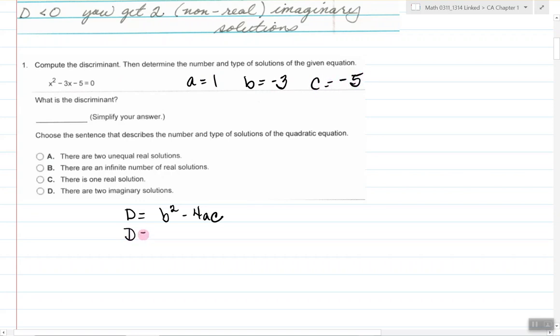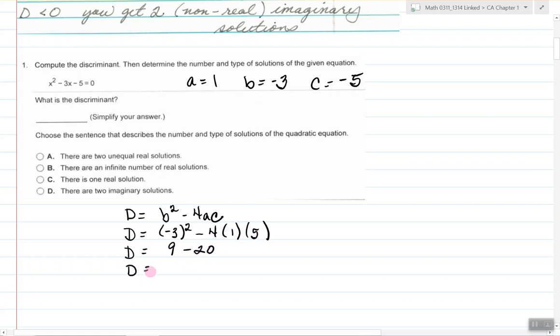So the discriminant is parentheses -3 squared minus 4 times 1 times 5. You can use your calculator to evaluate that expression, or you can do it. -3 squared is 9 minus, that's like a -4 times 1 times 5 is -20.